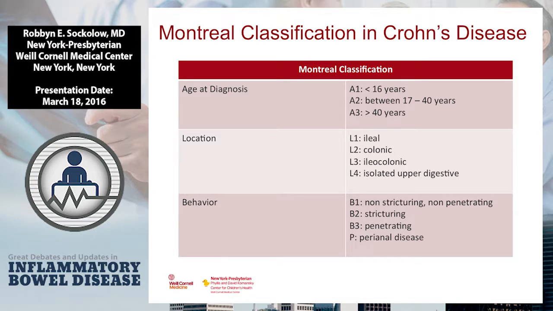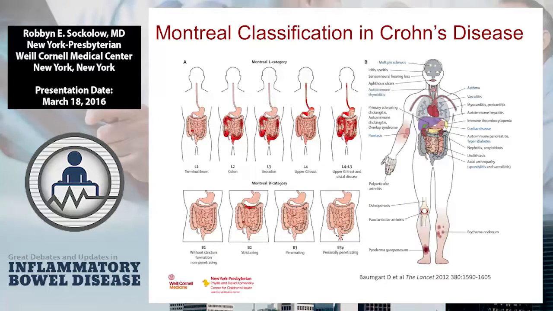So the ileal could mean ileocecal, by the way, but was L2 different from L1, where it was only in the colon? Again, colon being the one area where we can sometimes have difficulty in classifying the patients, or was it just to the upper GI tract? And again, looking at the behavior, non-stricturing, stricturing, penetrating, but this too now had a new category of perianal disease, which, as we saw from a previous slide, could indicate more aggressive disease.